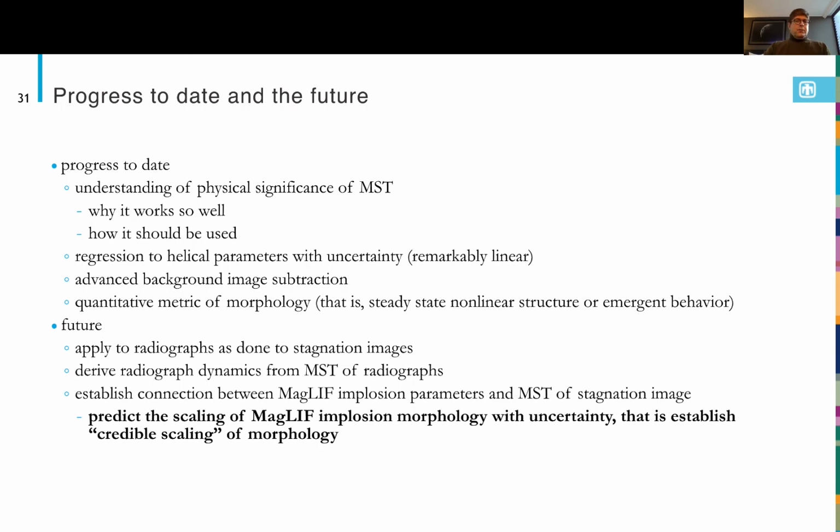In the future, we want to apply this to the radiographs as well as the stagnation images. We also want to derive the radiograph dynamics from the Mallat scattering coefficient of the radiographs.